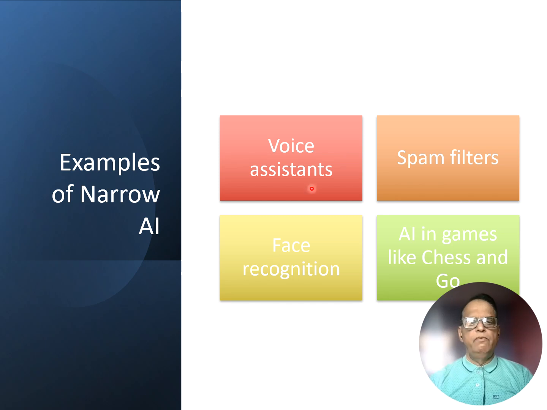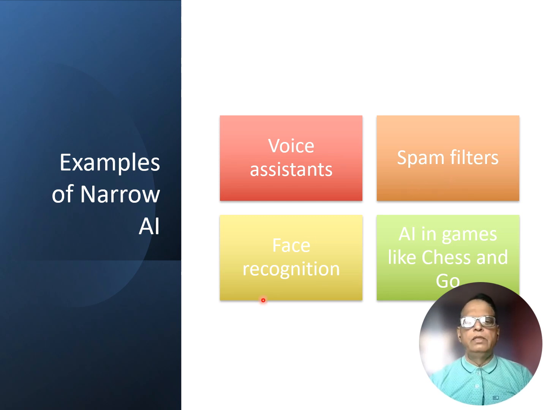For example, whenever we use a voice assistant on Google or Apple phones, it is actually narrow AI. Your mail account is associated with spam filters, and the spam filter that filters out unwanted emails also makes use of narrow AI.